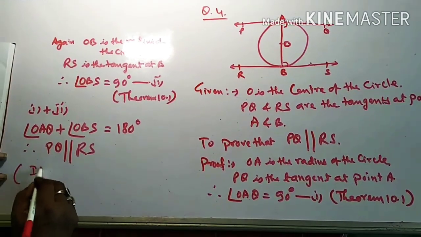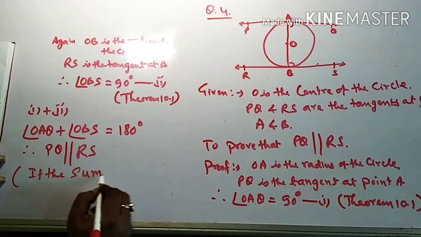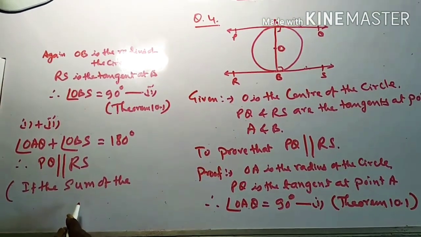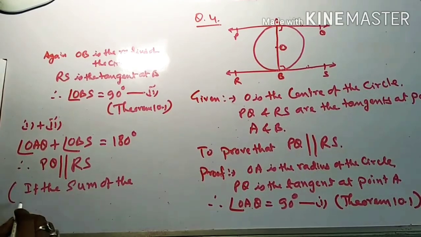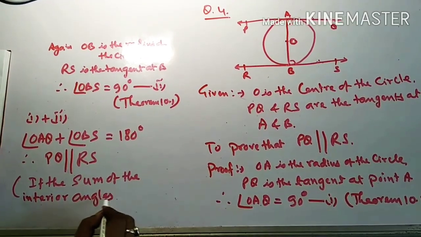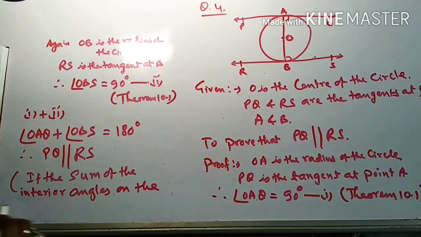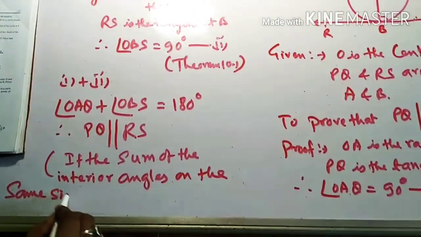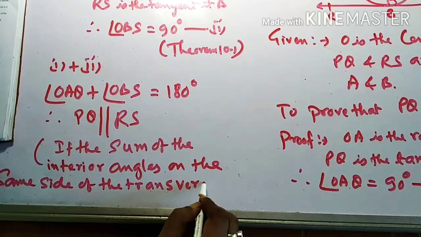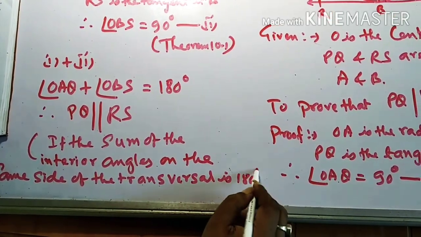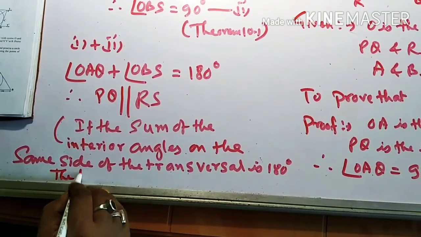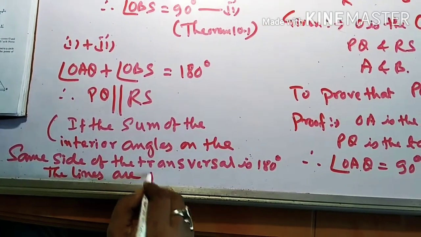Why? If the sum of the interior angles on the same side of the transversal is 180 degree, then the lines are parallel.